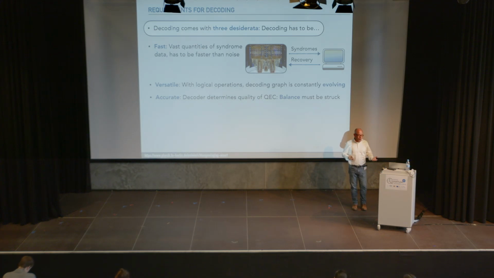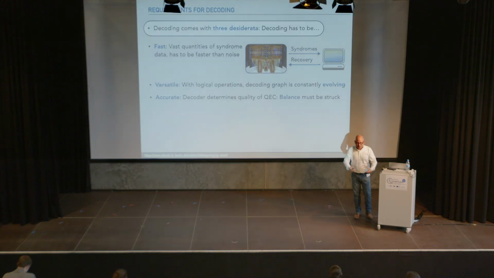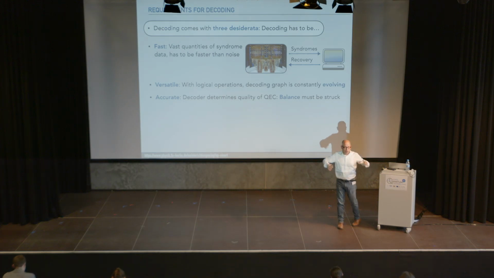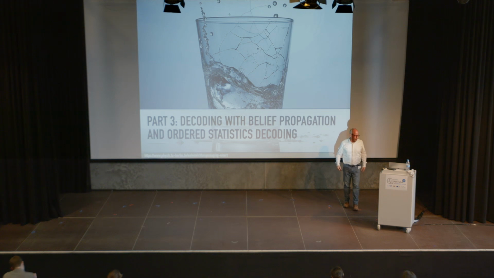And the quality of the decoding determines the quality of the quantum error correction. So the balance must be struck. Accuracy is a good thing, but you also want to be fast enough. There's a bit of a compromise, so you better strike the balance between accuracy and performance, because that determines the performance of the entire quantum error correcting scheme. That's the wish list of what we want.